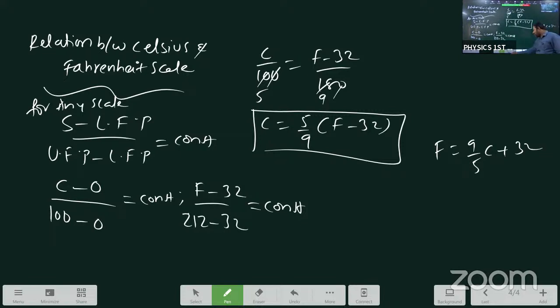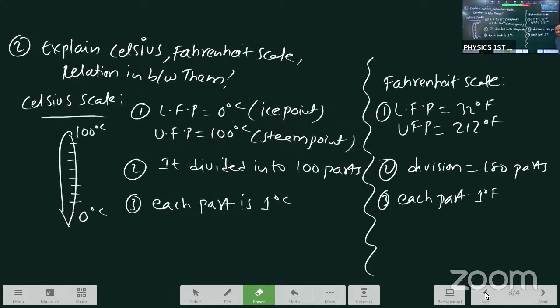Celsius with Fahrenheit scale. Now, here student, first question: explain the Celsius and Fahrenheit scale relation between them. Celsius scale: lower fixed point 0 degree Celsius, upper fixed point 100 degree Celsius. Total 100 divisions, each division 1 degree Celsius.